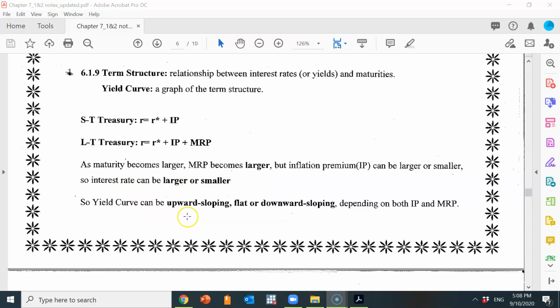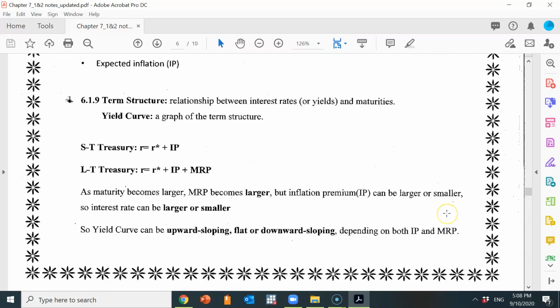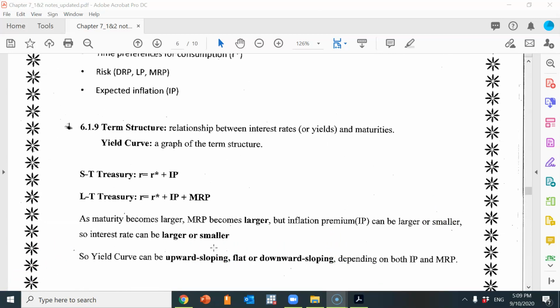So the yield curve can be upward sloping, flat, or downward sloping, depending on both IP and MRP. Let me try to explain this better. If you look at the long-term treasury bond formula, R equals R star plus IP plus MRP.